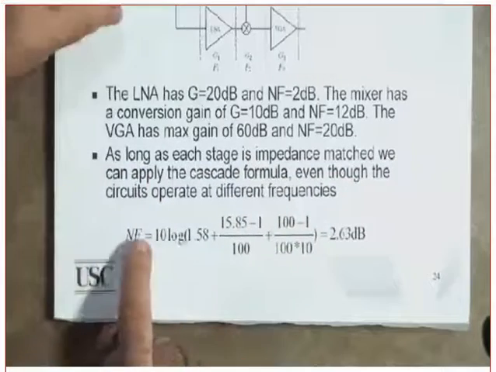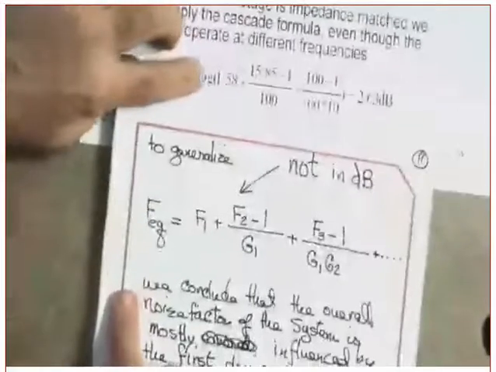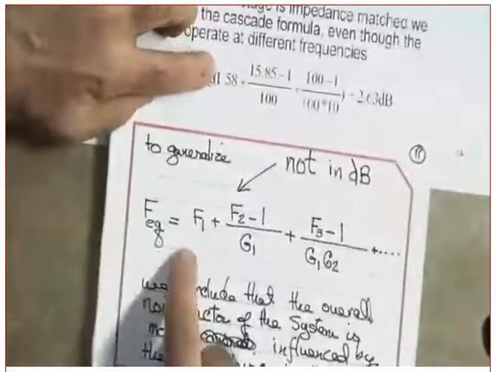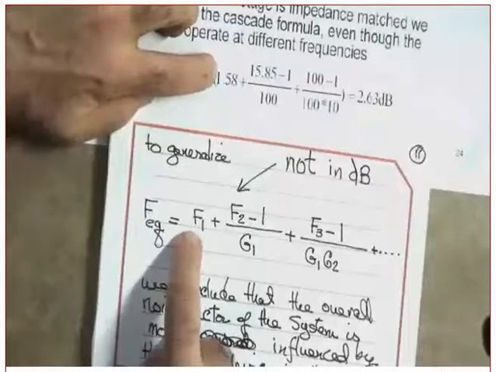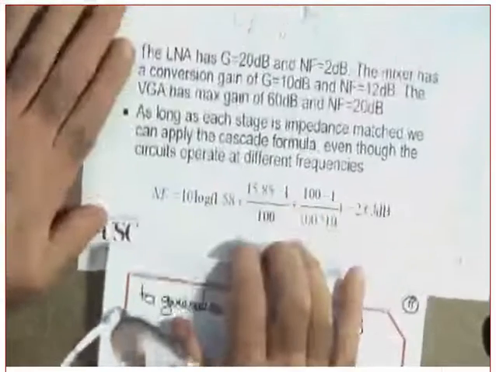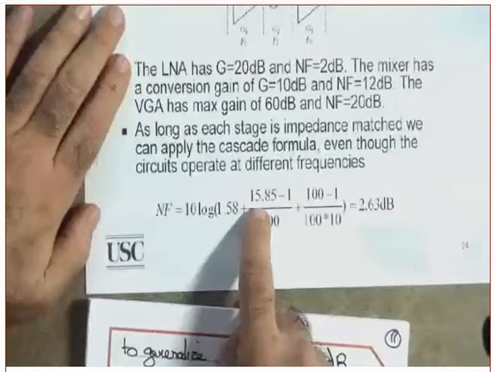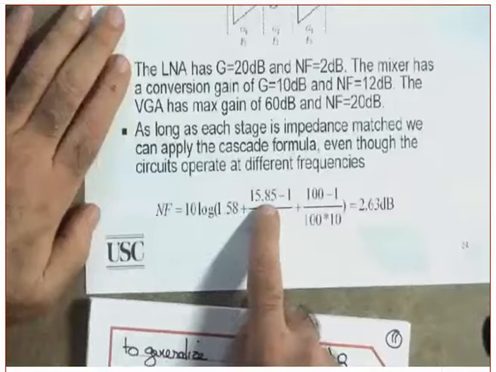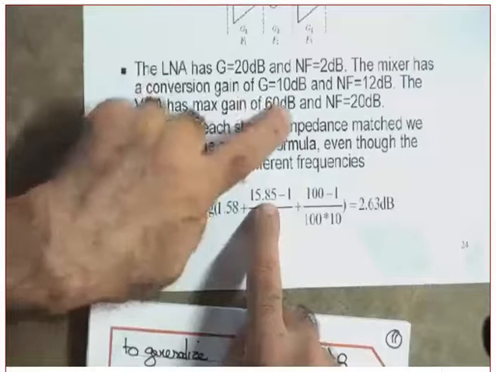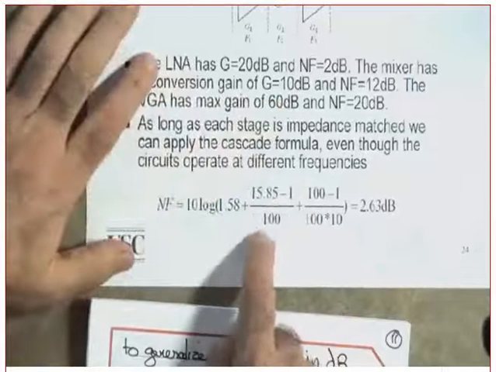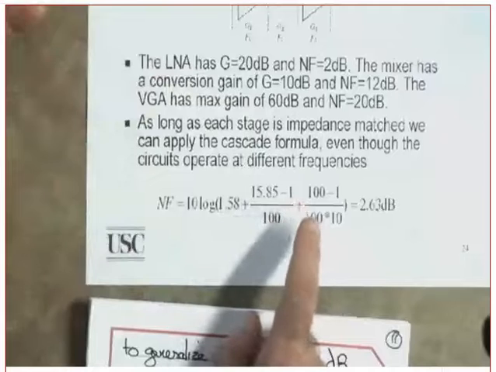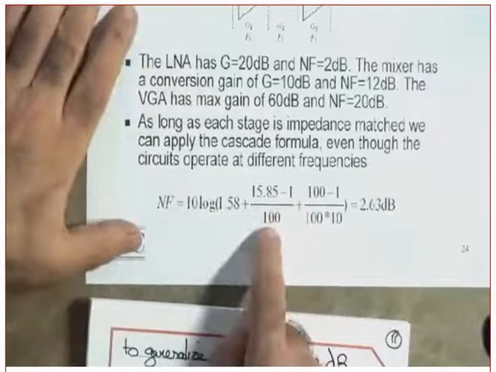Which equation am I using? 10 log of 1.58. This is the 1.58. Where did the 1.58 come from? 2 dB. That's the 1.58. Plus 15.85. Where did this come from? That's the 12 dB. 15.85 minus 1 over 100. Where is this 100 from?